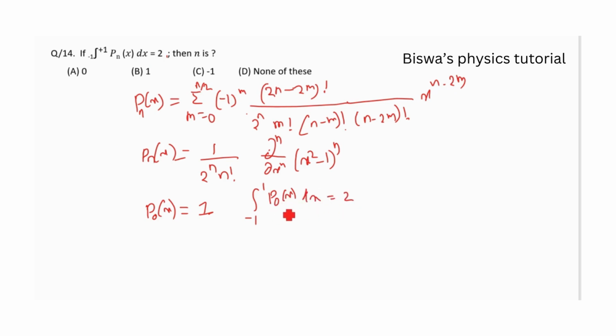If I put P0(x), its value becomes integral from minus 1 to 1 of dx, so it's x from minus 1 to 1, which is 2. So now it is proved that we have to take from the options, put in and calculate. I'll get n equal to 0. So this is your answer.